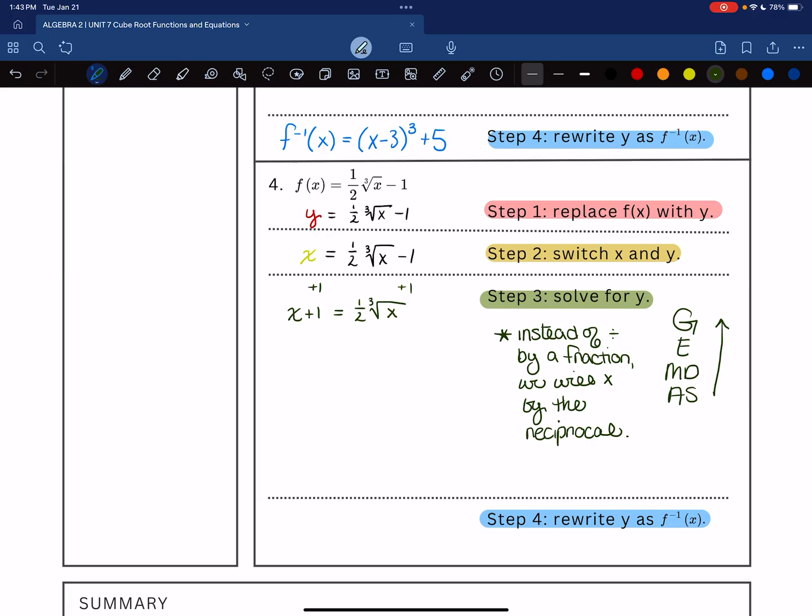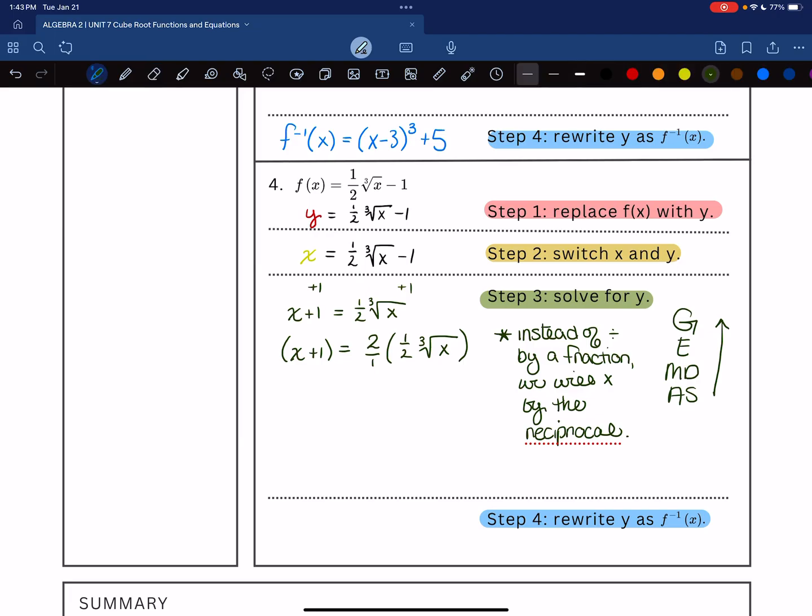So what that looks like is on both sides here, give yourself a little room in front of this group. I'm going to multiply by the reciprocal of 1/2, which is 2 over 1, which is the same thing as just writing 2.